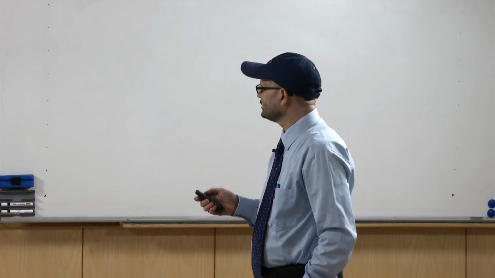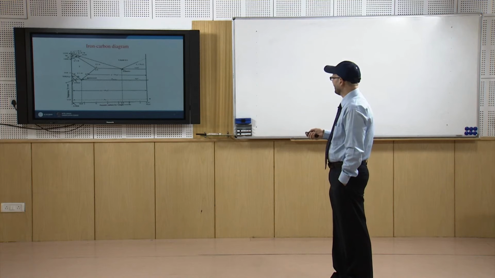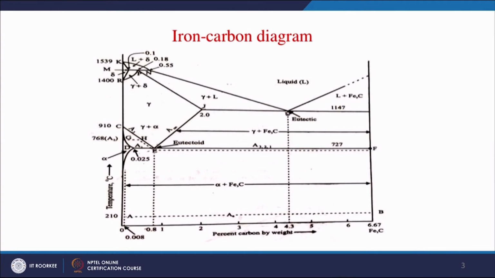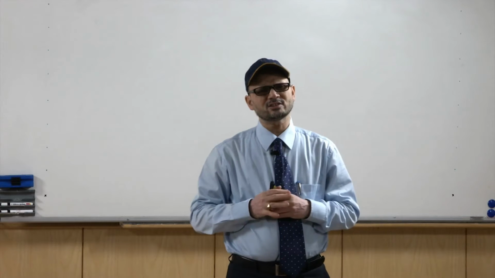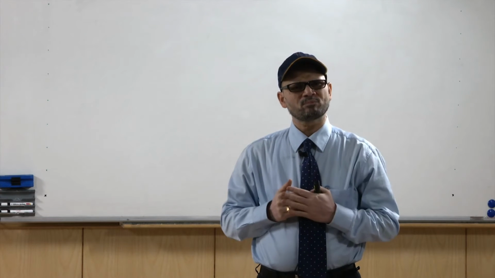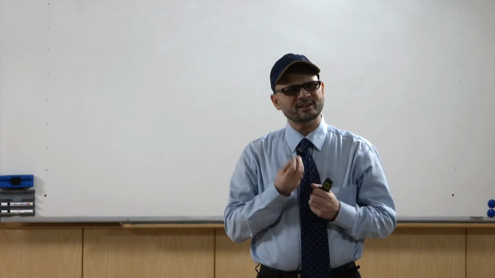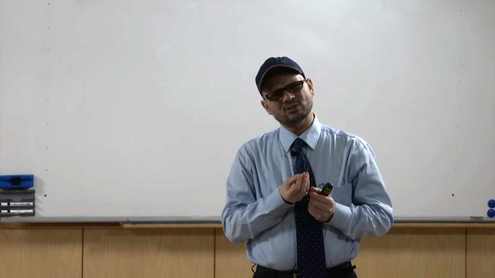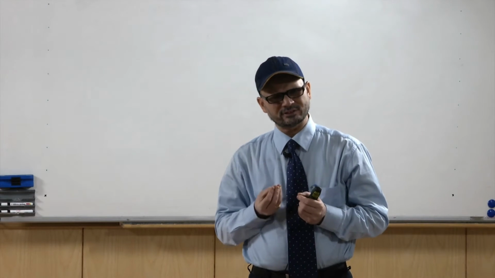So, what we see is that you have this point above and below which you have ferrite plus cementite, that is perlite, and then this is austenite, and how this transformation takes place. As we know, you need certain undercooling below which the nucleation takes place, and after this nucleation there is growth taking place.